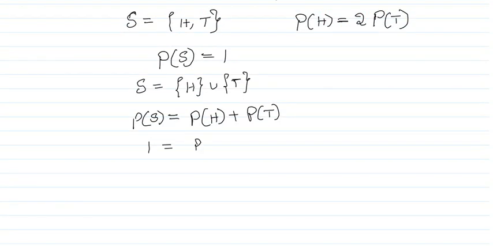So the probability of getting tail is nothing but 1 by 3. If the probability of getting tail is 1 by 3, what is the probability of getting head? The probability of getting head is 2 by 3.